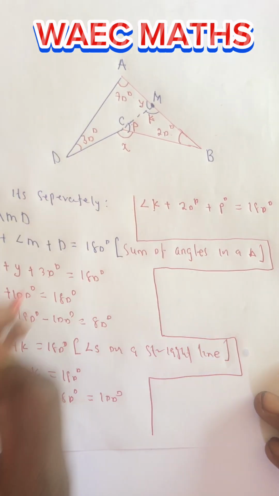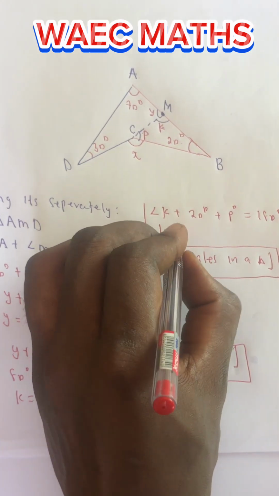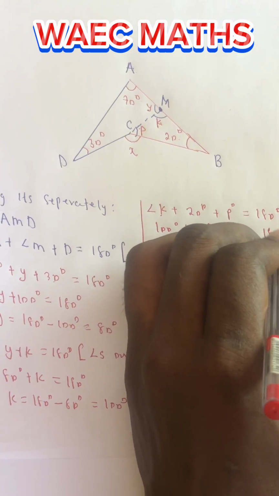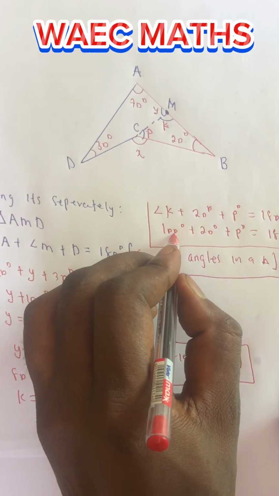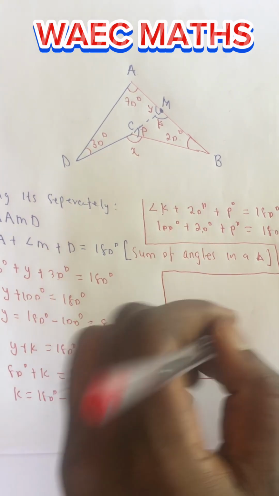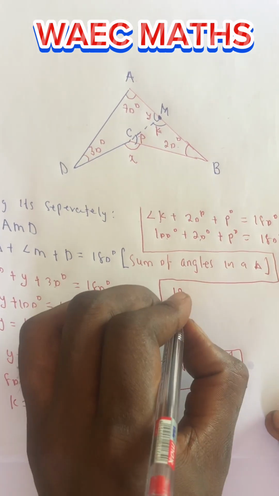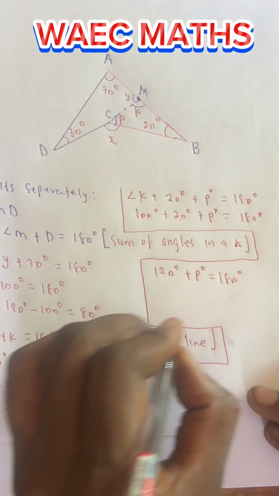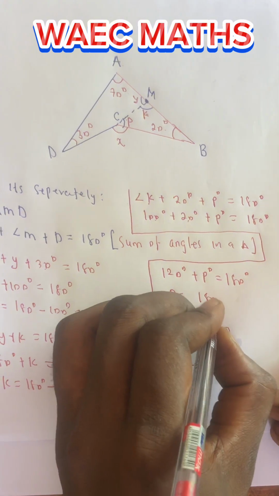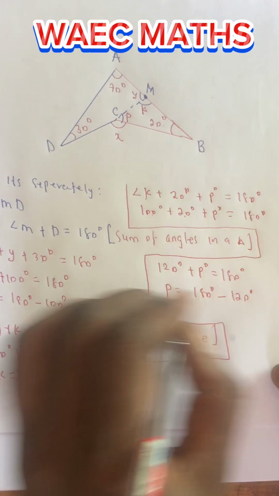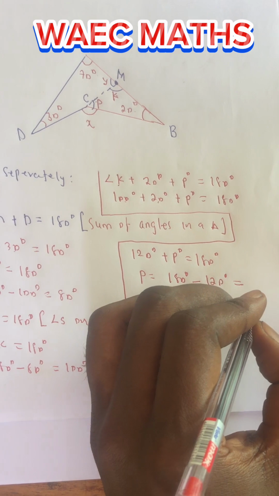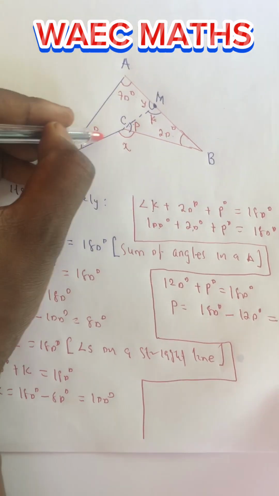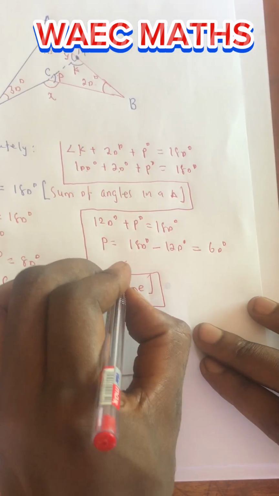So this angle here is already 100 degrees plus 20 degrees plus P degrees is equal to 180. So if you add, this is 120. So we have 120 degrees plus P degrees is equal to 180. So our P is 180 degrees minus 120 degrees, and that will give us 60 degrees.